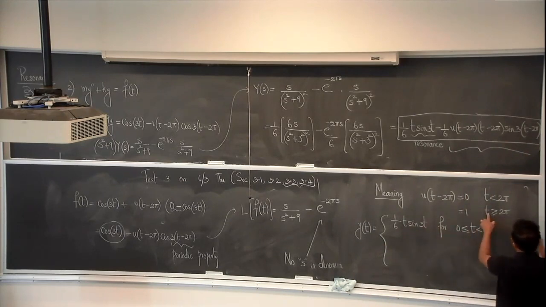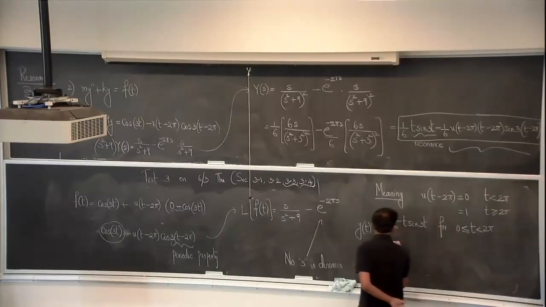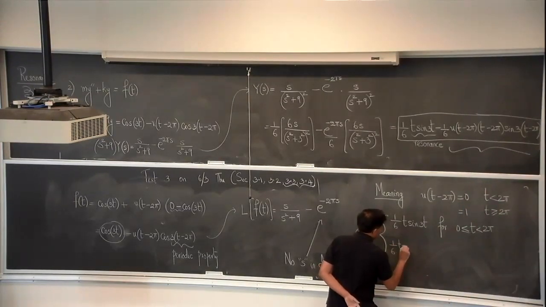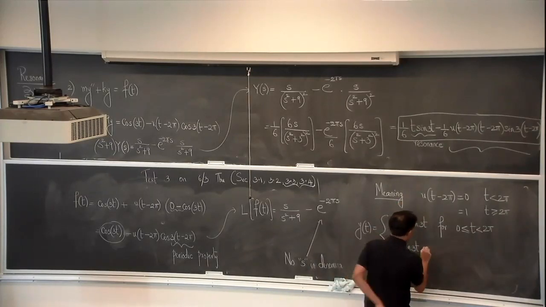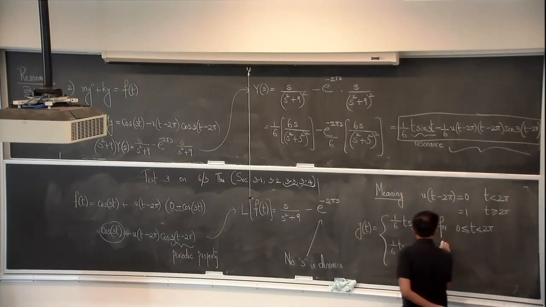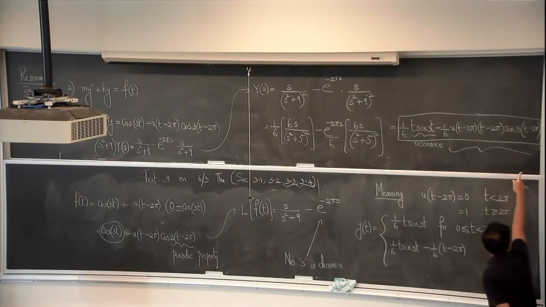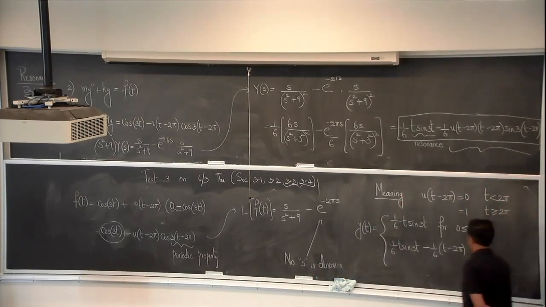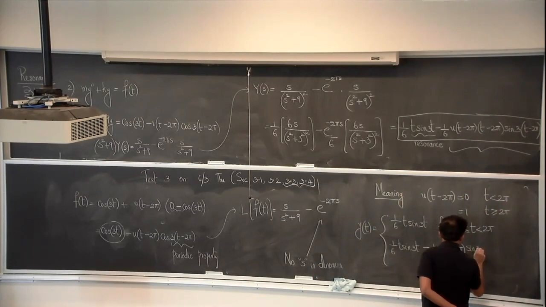But once the force is turned off, which means that u of t minus 2 pi is equal to 1, then you have 1/6 t sine 3t minus 1/6. Remember that term is 1 now, times t minus 2 pi, and sine of 3 times t minus 2 pi is the same as sine of 3t.